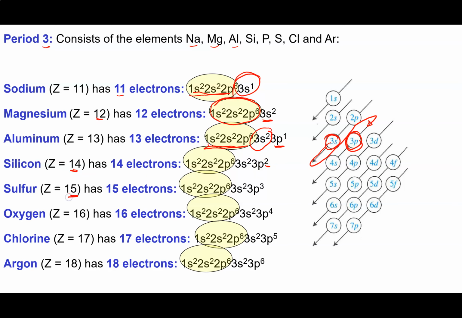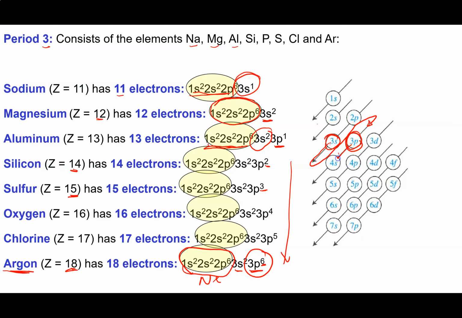Sulfur has 2 more electrons than aluminum, so they go into the 3p, and we keep going until we fill the 3p up. The 3p is full when it has 6 electrons, and that's when we have argon with a total of 18 electrons. 10 are in the same configuration as found in neon, and then we've got 2 in the 3s subshell and another 6 in the 3p subshell.